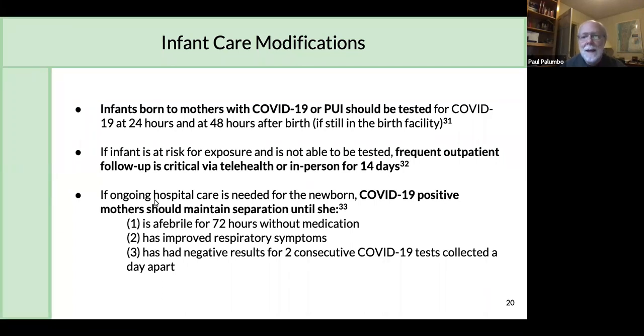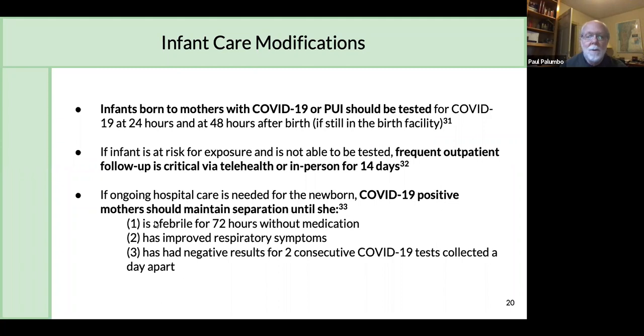These are our best recommendations at the moment, and as more data comes in, I strongly suspect some of these recommendations will be adjusted. If ongoing hospital care is needed, COVID-19 positive mothers should maintain separation until they're afebrile for 72 hours, until they have improved respiratory symptoms, and importantly, if possible, to try and get 2 consecutive negative COVID-19 tests collected a day apart.